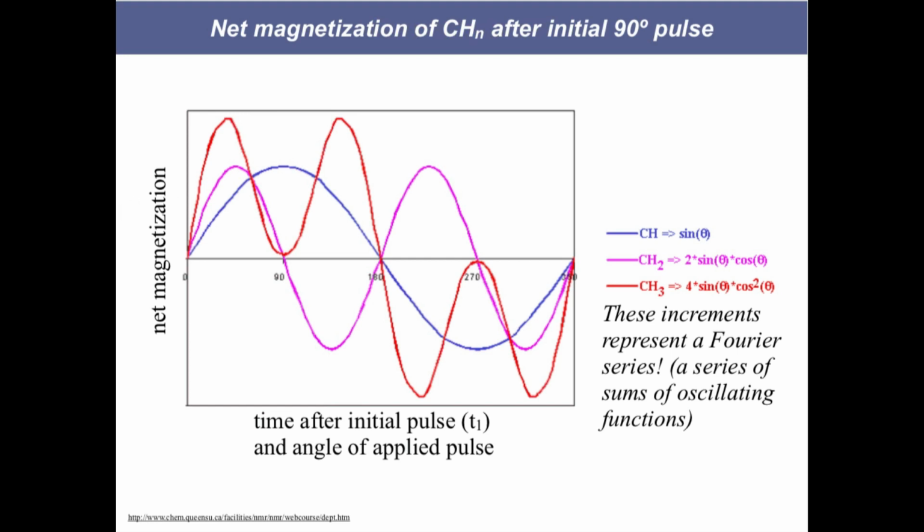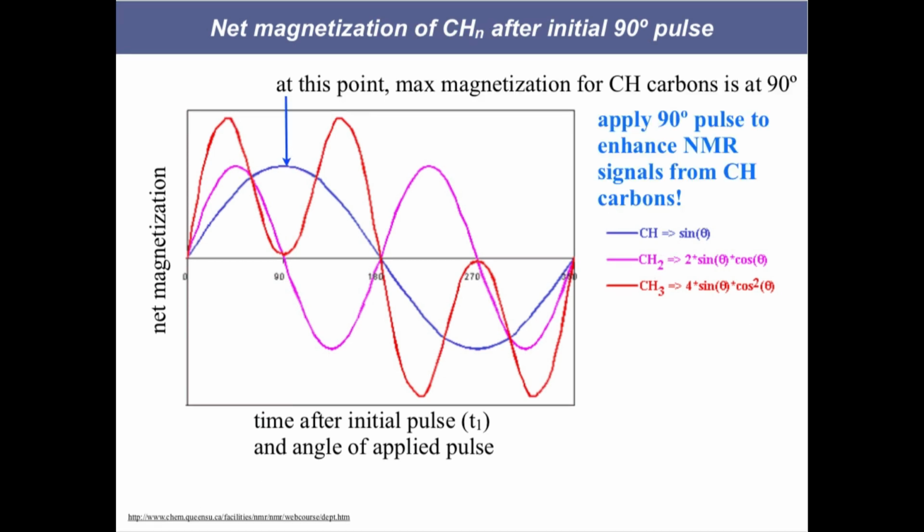So we've got this very specific combination of time and angle. And if we combine the two, we can look at different types of couplings in different ways. So again, at this point, our max magnetization for CH carbons is at 90.